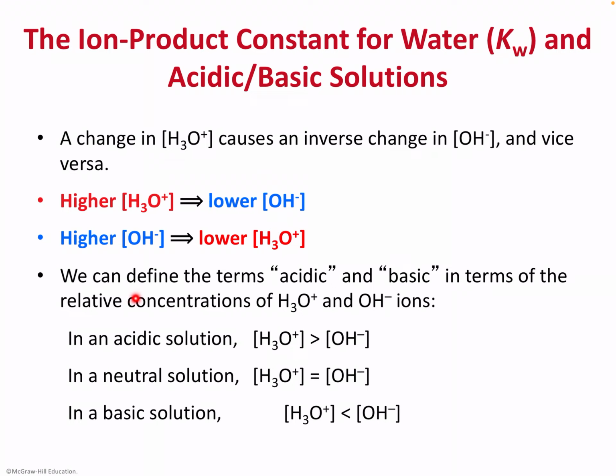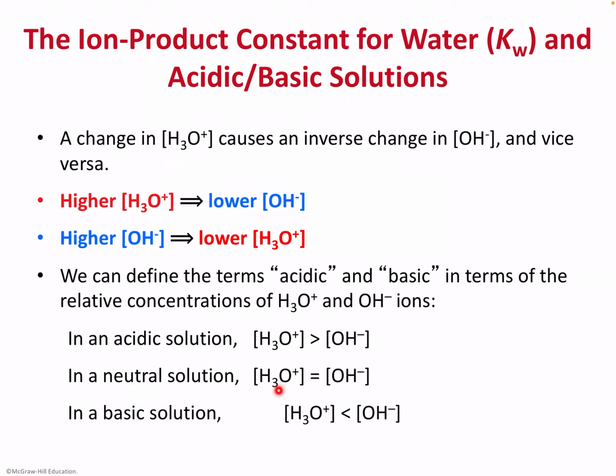Okay. So we can define the terms acidic and basic in terms of relative concentrations of hydronium ions and hydroxide ions. In an acidic solution, we have more hydronium ions. It's going to be more than the hydroxide ions.